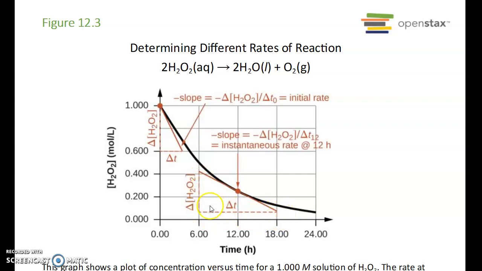This would be your time final, and this would be your concentration final. This would be your time initial, and this would be your concentration initial. So the smaller this interval becomes, the closer you are to an instantaneous rate.